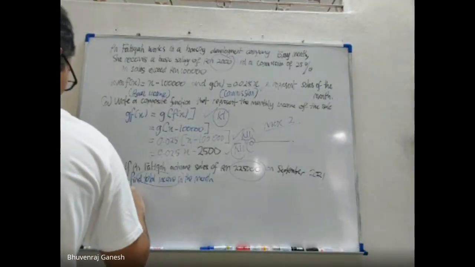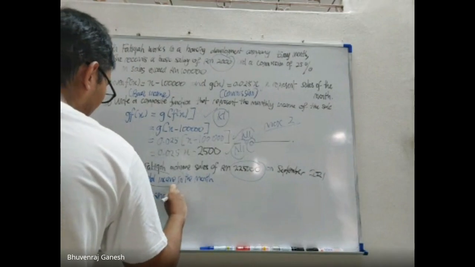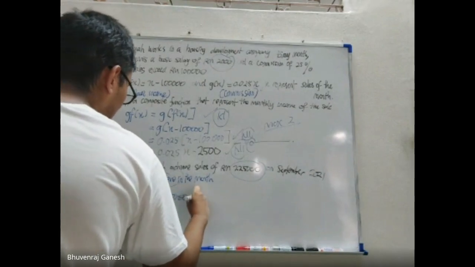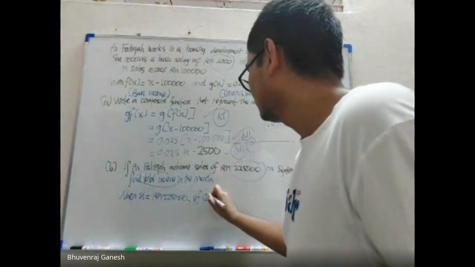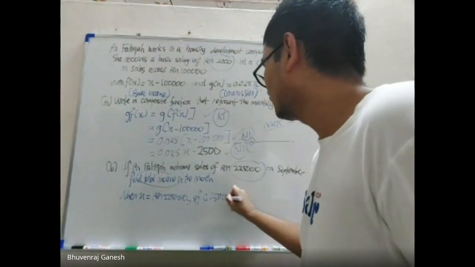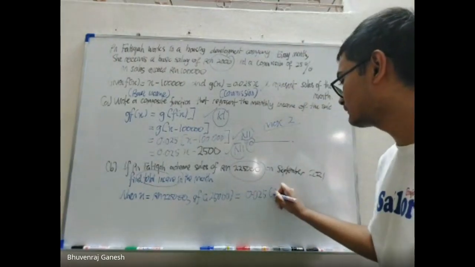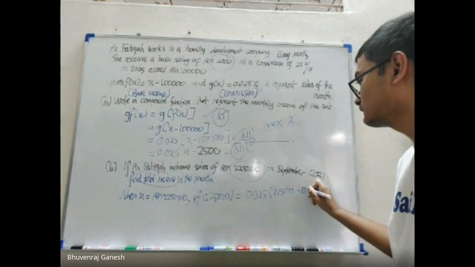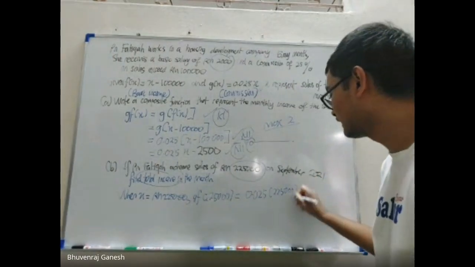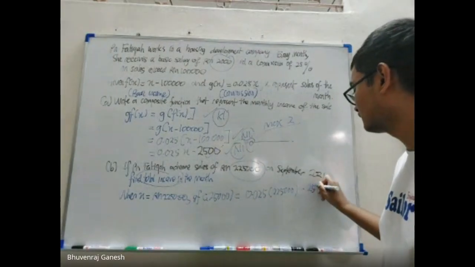So when x is RM225,000, gf of 225,000 will equal to 0.025, you sub the x, minus, oh no, this one I use this one as the composite function, so minus 250.